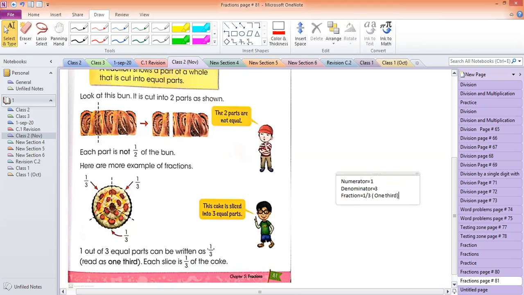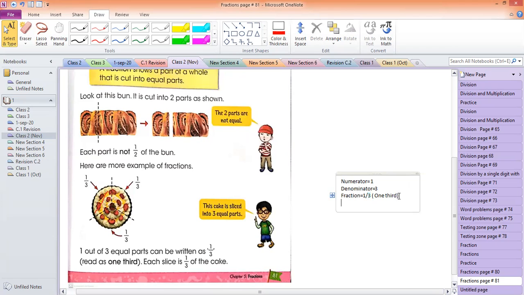If you have to read a fraction, you will read its first number like a cardinal number, 1, 2, 3, 4, 5, 6, 7, 8, 9, 10, like this. And the denominator you will read as an ordinal number, like first, second, third, fourth, 5th, 6th, 7th, 8th, 9th, and 10th, in that way.